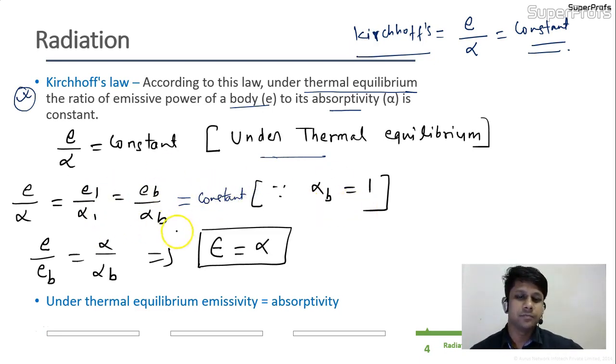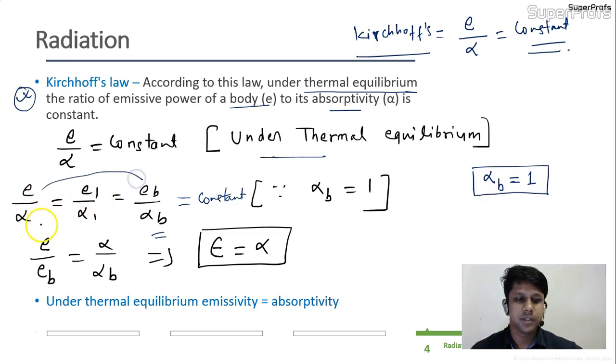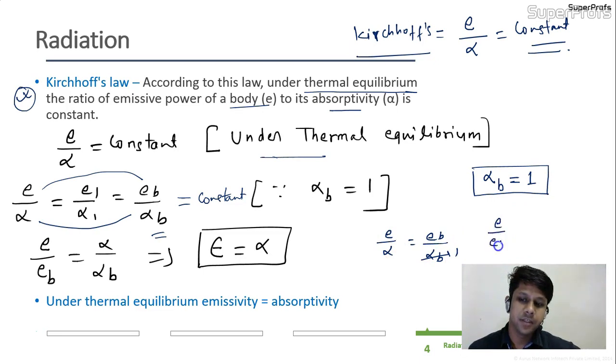And we already know alpha B, the absorptivity of a black body. How much is the value? We all know for a black body the absorptivity is 1. Now take the first and the last of these equations. E by alpha equals EB by alpha B, where alpha B is 1. So this can also be written as E by EB equal to alpha by 1, or E by EB equal to alpha.